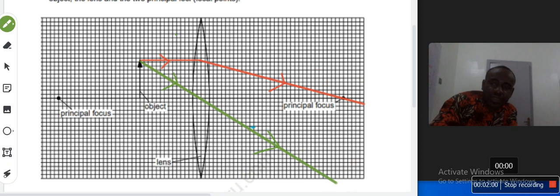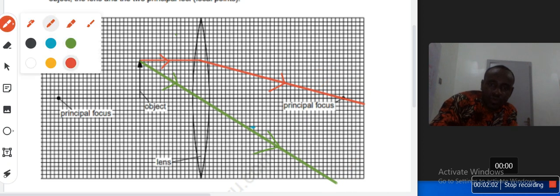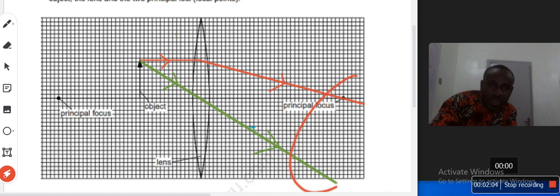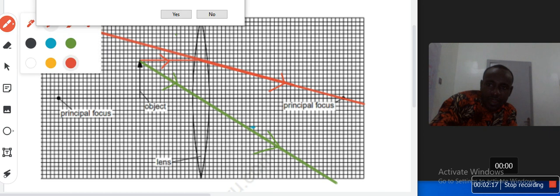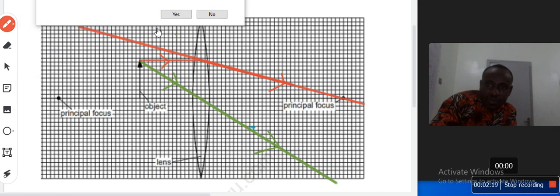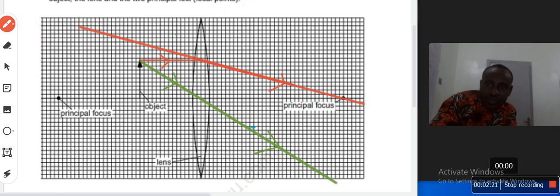Now, since they cannot meet, it can't form real images. So we need to make the rays longer to see where they will appear to meet, and draw this one too.